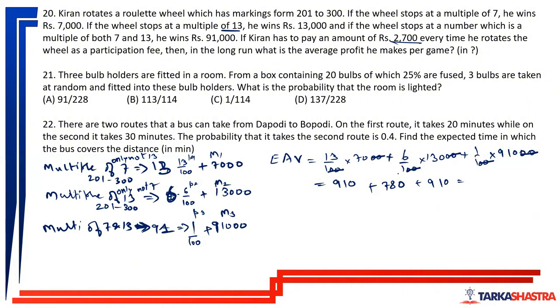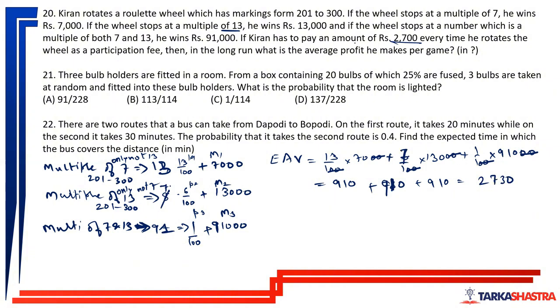Sorry, multiples of 13 between 201 and 300 are 8, and then only 13 and not this are 7. So 7 into 13 will be 910, and the total amount will be 2730. So the expected average value per turn after long run is 2730.